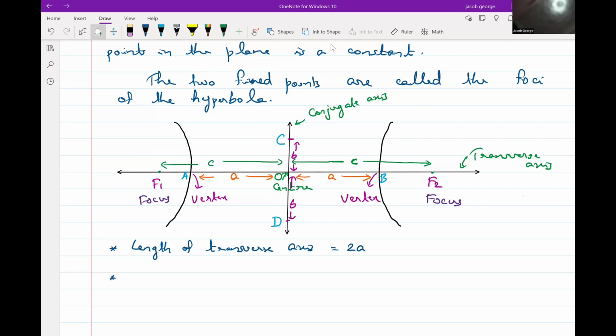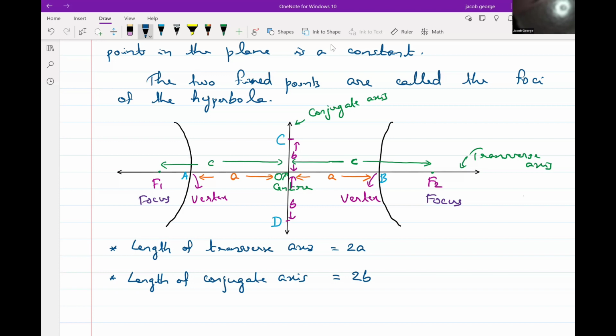Then length of conjugate axis. What is the length of conjugate axis, children? It is 2b, right?